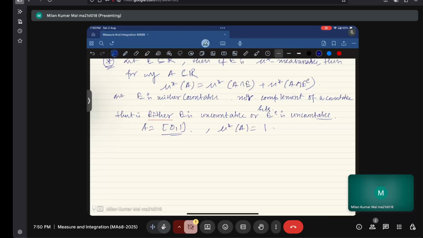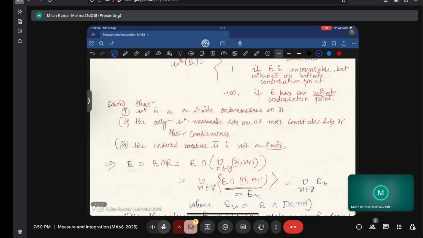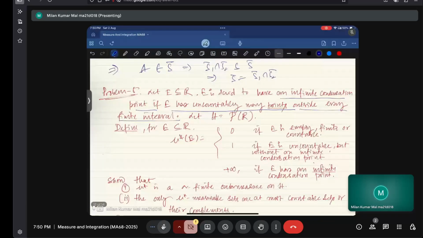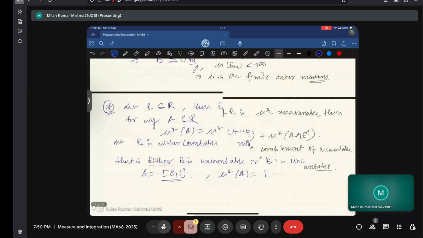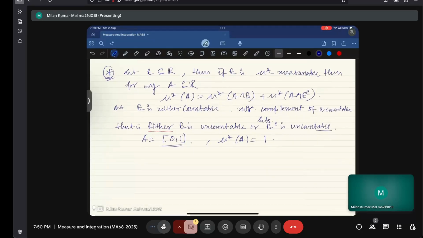A set has an infinite condensation point if it has uncountably many points outside every finite interval. So if I consider a finite interval, outside it there will be infinitely many points. So that is not the case.